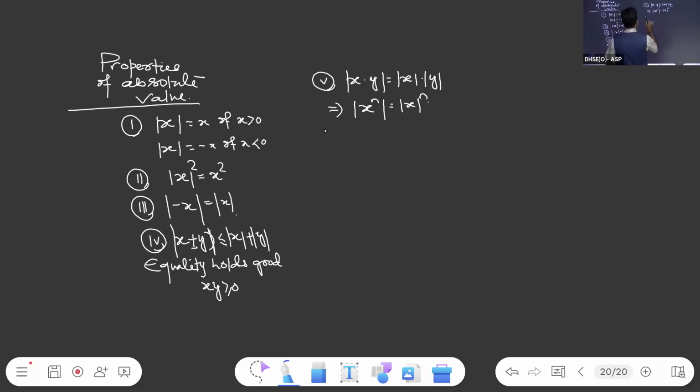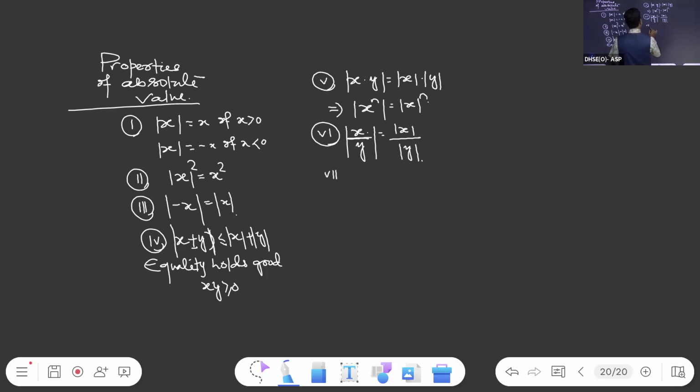Then property 6, mod of x upon y equals mod x upon mod y.